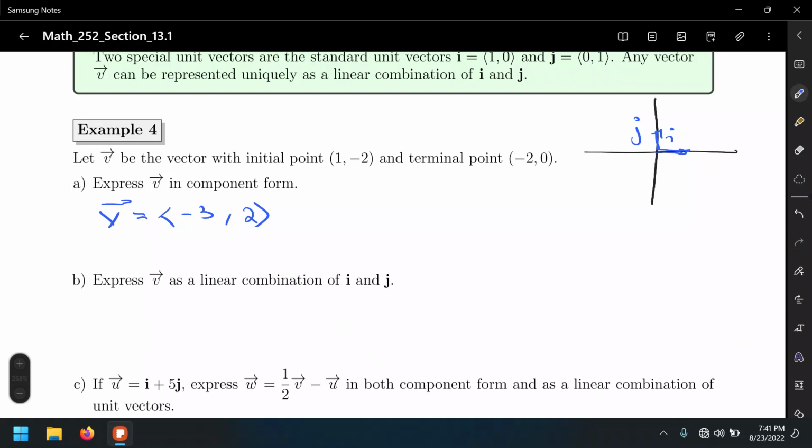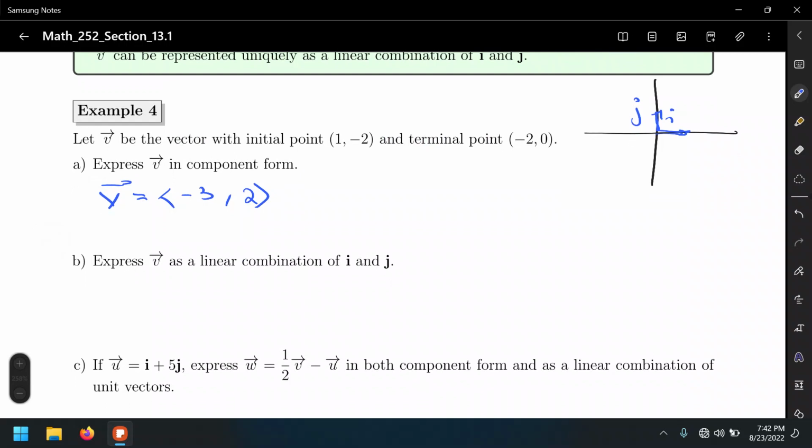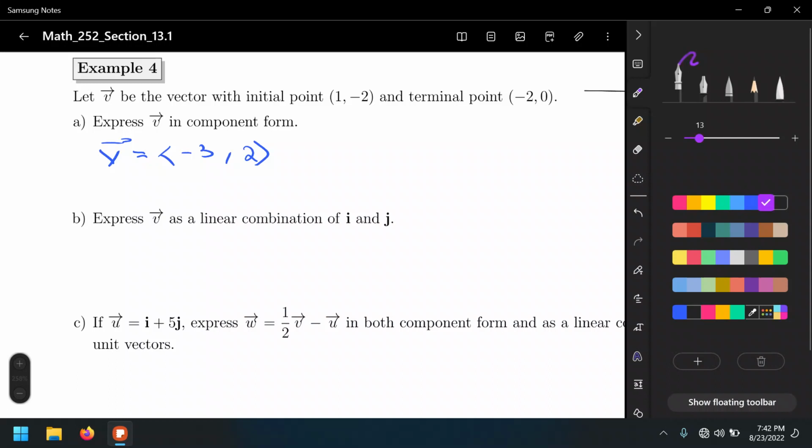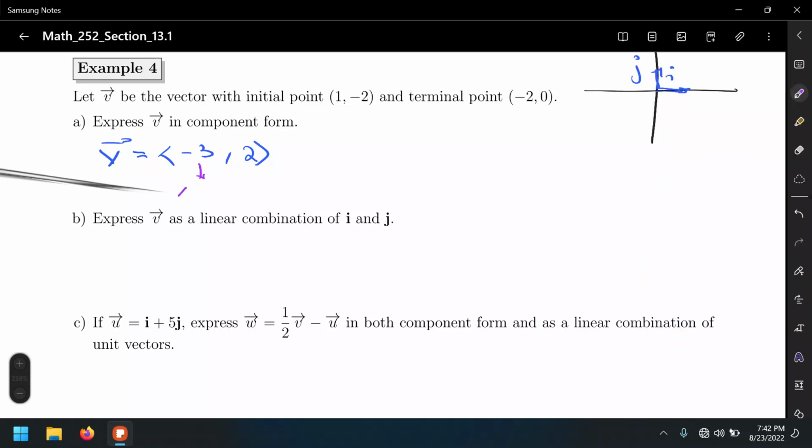Let's express this vector as a linear combination of i and j. Well, what do I mean? What do we mean by a linear combination? So this vector right here has an x direction, and this is the y direction, or component.